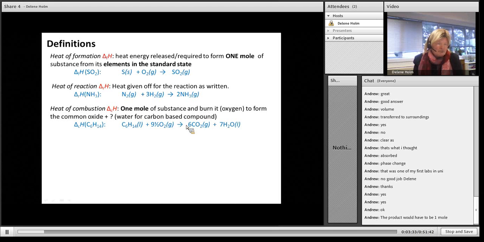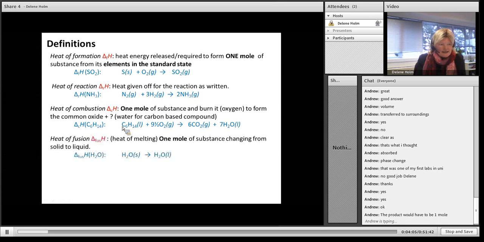If I'm burning carbon with oxygen, the common product is CO2 and not CO. If it's an organic molecule of carbon and hydrogen, it's always going to be carbon dioxide and water. So if you're trying to work out a combustion reaction and you get given an organic molecule, the products are always carbon dioxide and water. And you may have fractions because it has to be a 1 in front of what you are burning.